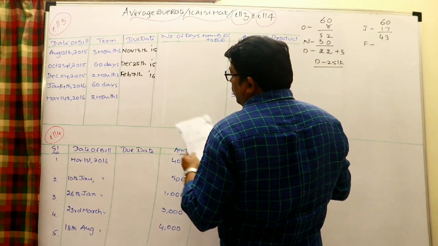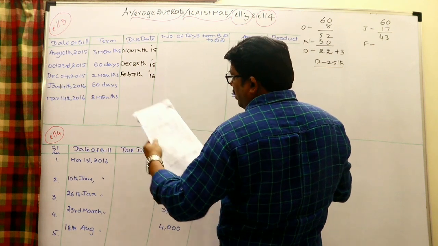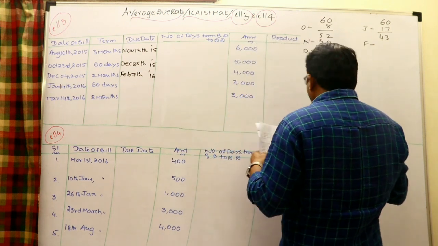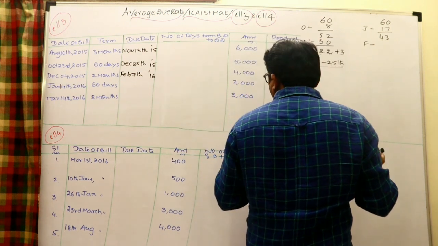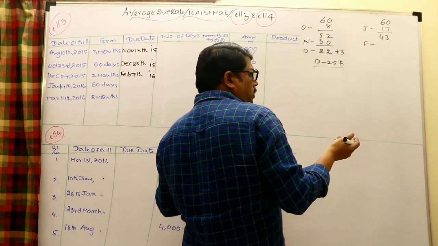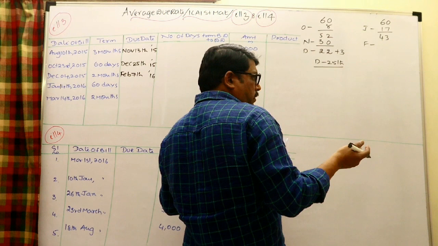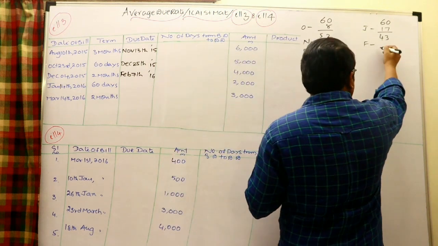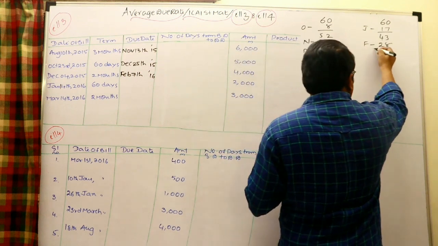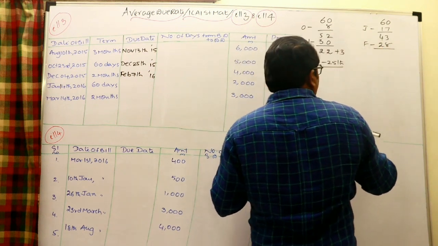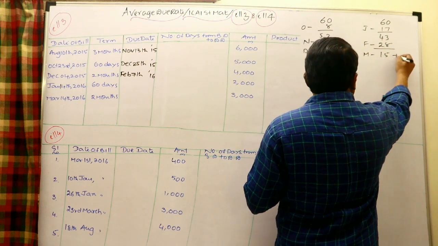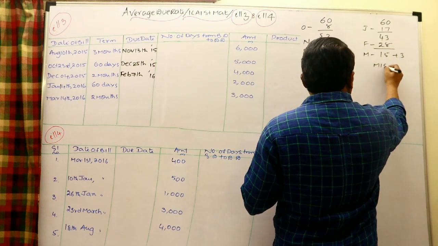Even though 2016 is a leap year, here in the sum February is normally taken as 28 days; no problem, you may write it as an assumption, or consider 29 also. So February 28 days, and still 15 days are there. March 15 plus 3 grace days, March 18th.